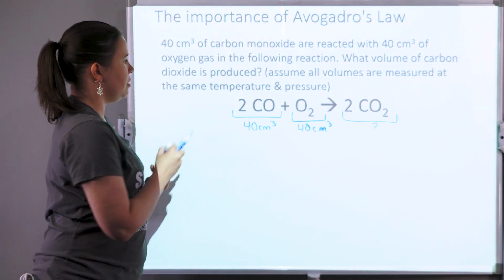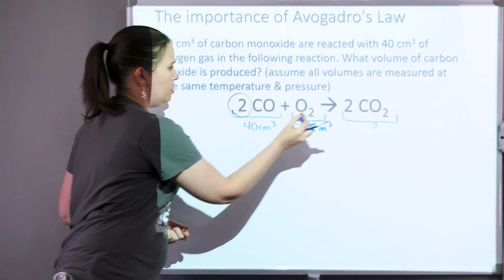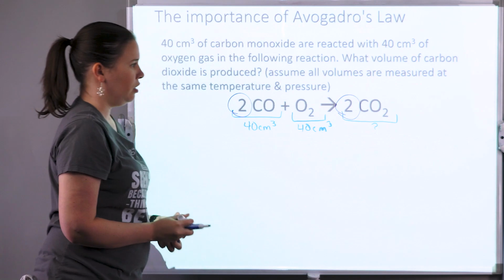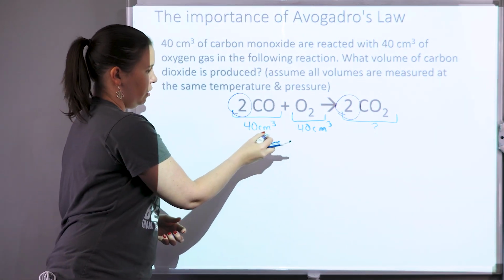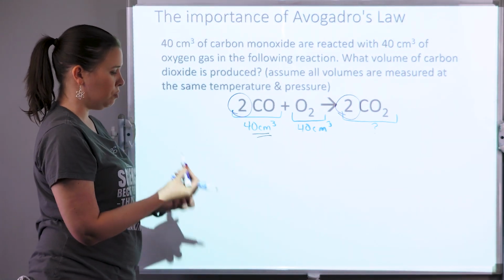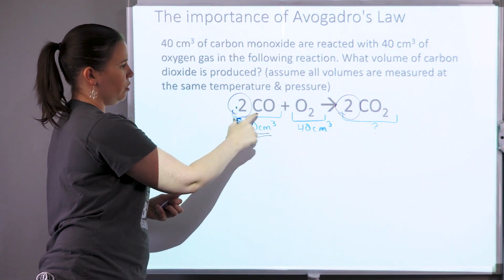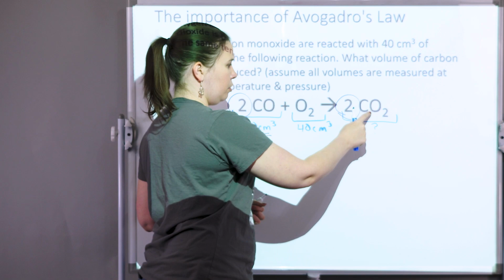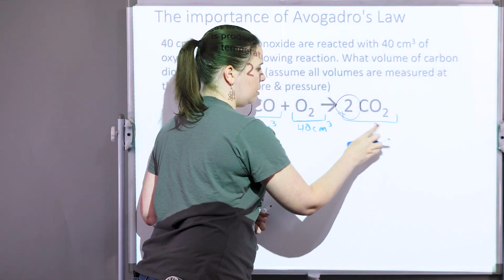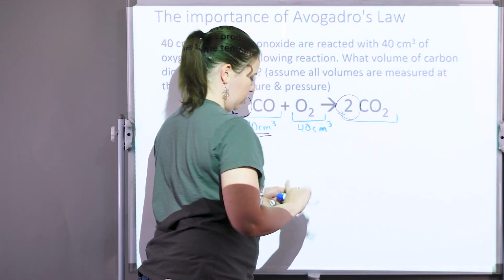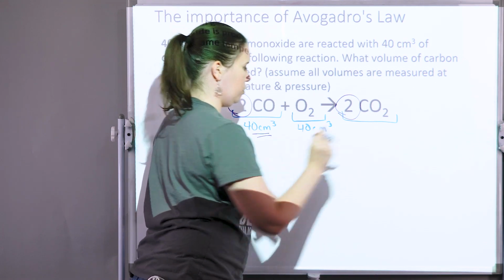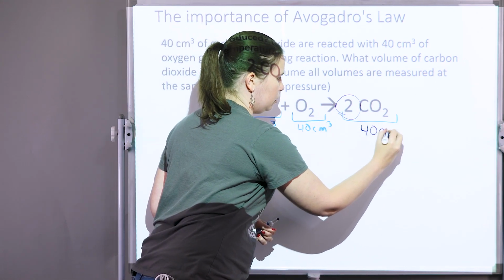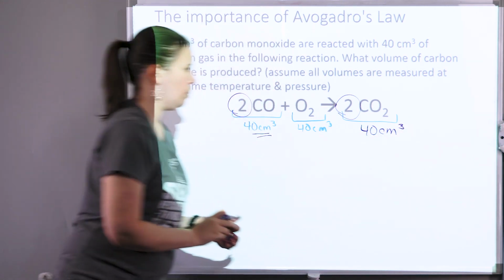Avogadro's law simply says that equal amounts of gas must have equal volumes, which means that if there's 2 moles of carbon monoxide taking up 40 cubic centimeters, then 2 moles of carbon dioxide would also take up 40, here let's do in purple, our answer, 40 cubic centimeters.